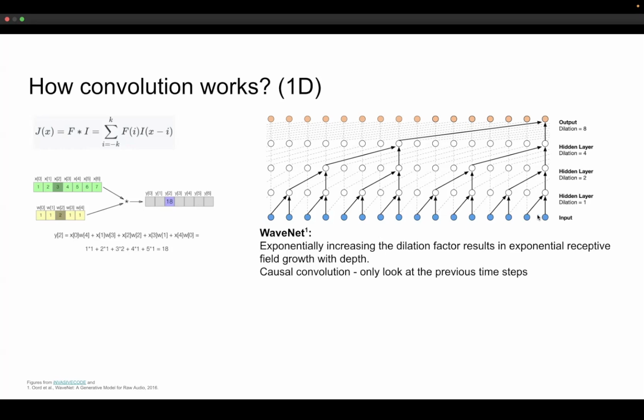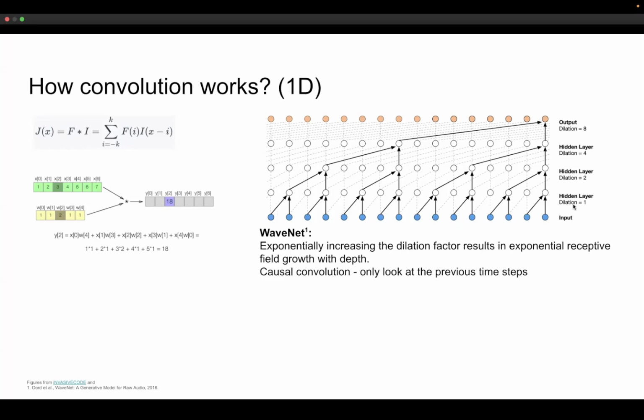We do that by looking at each input time step exactly one time at any of the layers. If we look at this last node here, each of the input time steps is attended to exactly once.